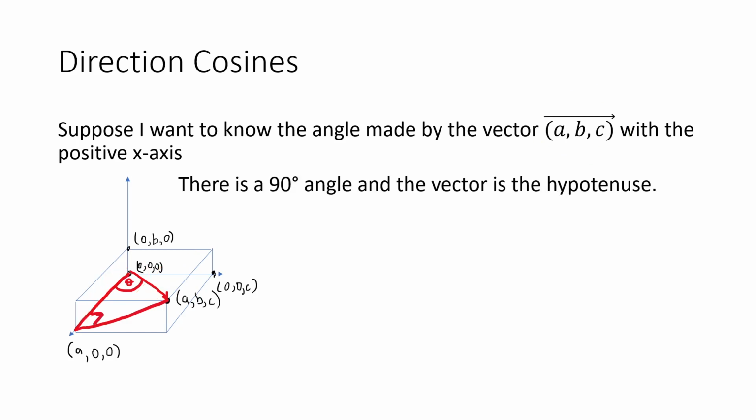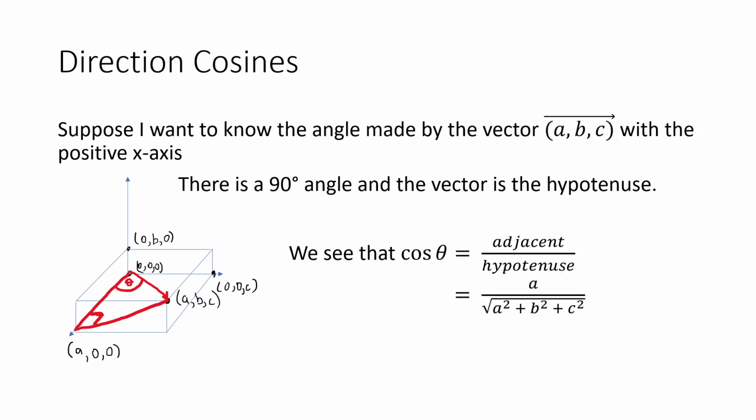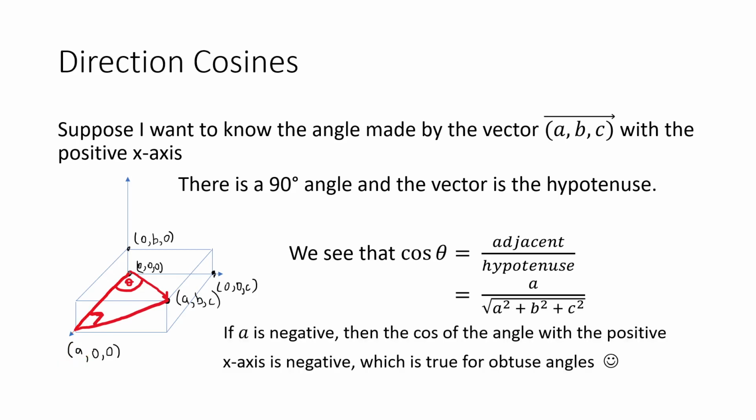So we know that there's a 90-degree angle, so that's what we've drawn in, and we know the vector is the hypotenuse, as we said. We see that cos theta is adjacent over hypotenuse. Well, we know that the length of this line here will be A, and we know that the magnitude of the hypotenuse will be the square root of A squared plus B squared plus C squared. And we also know, like it says here, if A is negative, then the cosine of the angle with the positive x-axis will be negative, and that's true for obtuse angles.